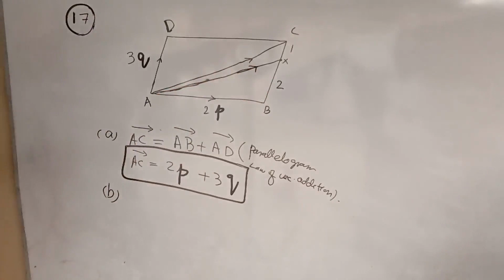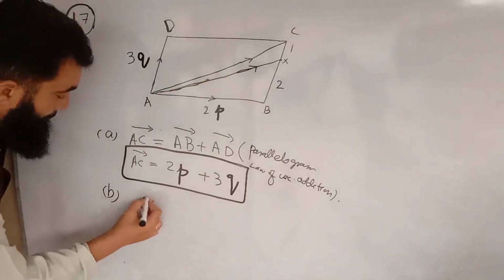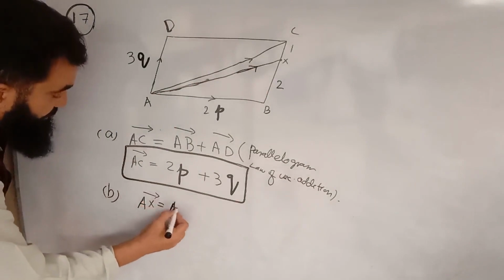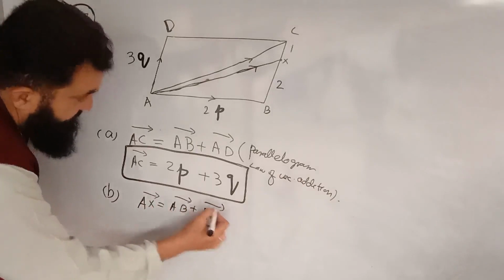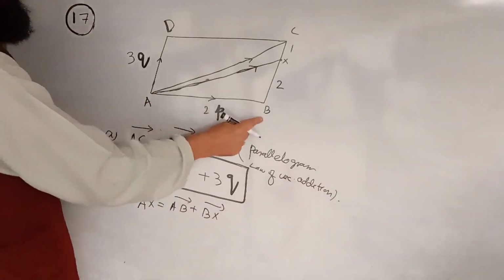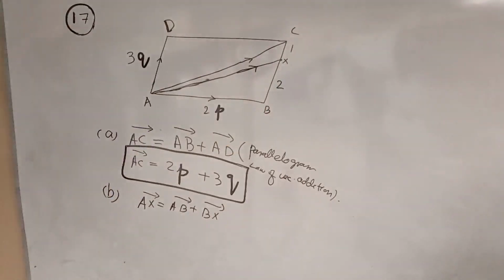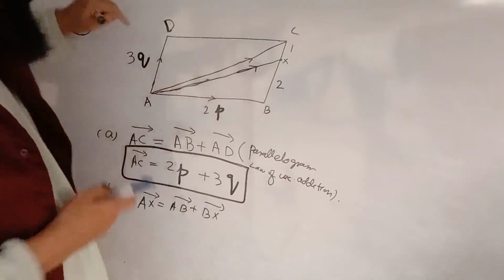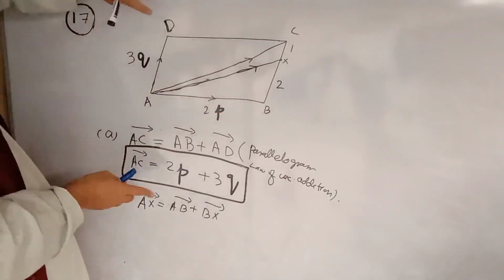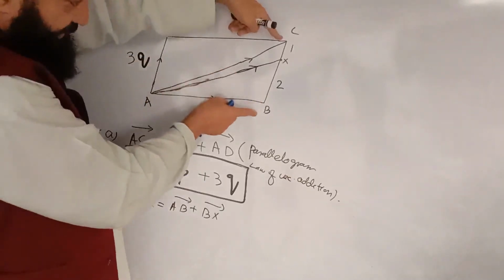Now, again, by vector addition, AX is equal to AB plus BX. It is quite evident by the head to tail rule. AB plus BX is equal to AX. Now, what is BX? BX is 2/3 of BC and this is a parallelogram. If it is a parallelogram, then the AD vector will be equal to the BC vector.